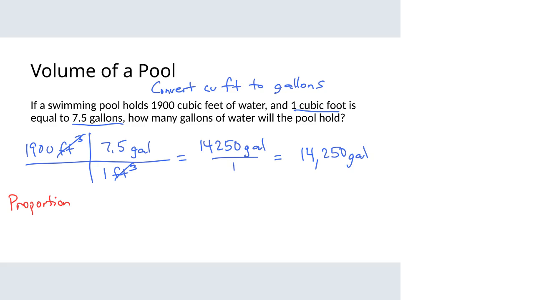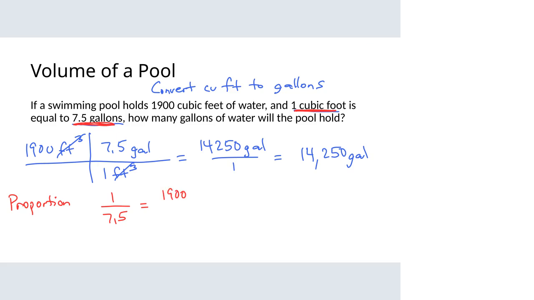Kind of like we did with similar triangles a little while back. What I'm told is that my swimming pool has 1,900 cubic feet of water, and 1 cubic foot is the same as 7.5 gallons. So if I have my cubic feet on top and my gallons on the bottom, I need to do it the same way on the other ratio. 1 cubic foot is 7.5 gallons.